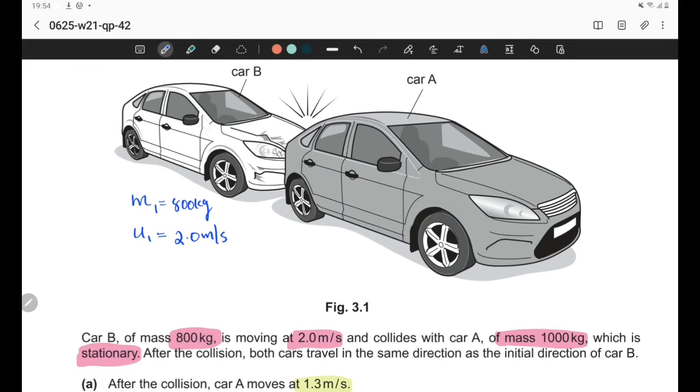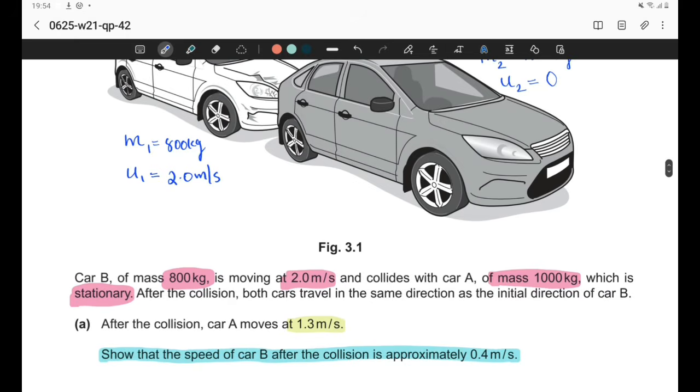And the second car, the car A, which is having mass 1000 kg. So since it is the second car, we can represent with M2. Mass of second car M2 is 1000 kg and which was stationary. So initial velocity of the second car U2 is 0 as it was not moving or stationary.